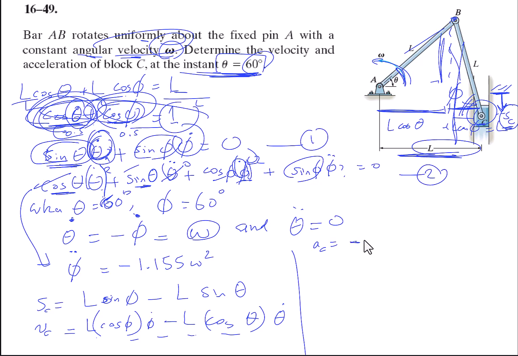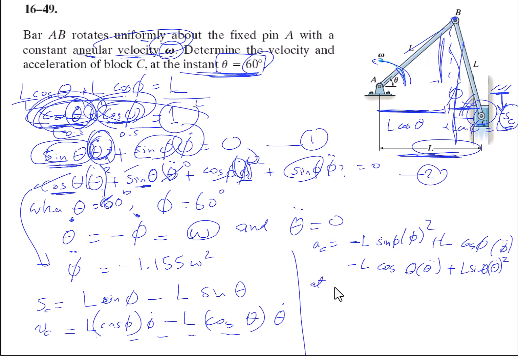So this will be minus L sine phi times phi dot squared plus L cosine phi times phi double dot minus L cosine theta theta double dot plus L sine theta with theta dot squared.